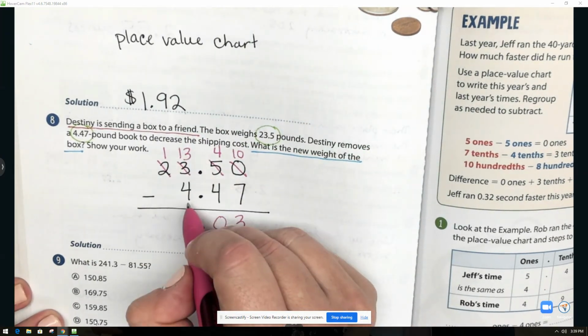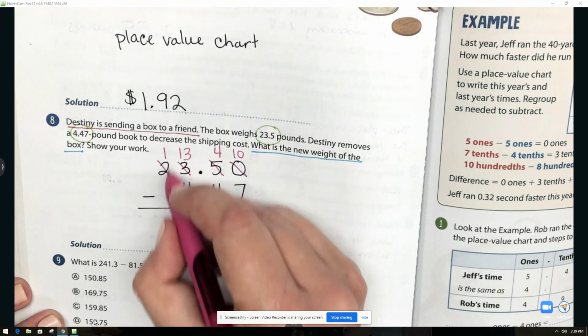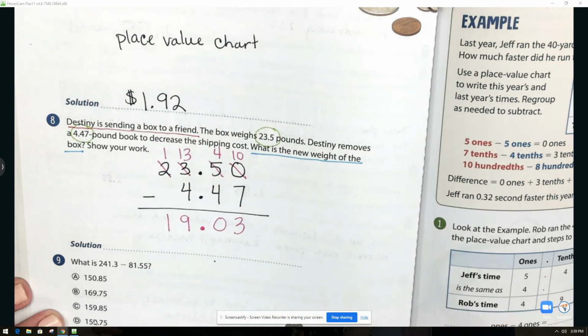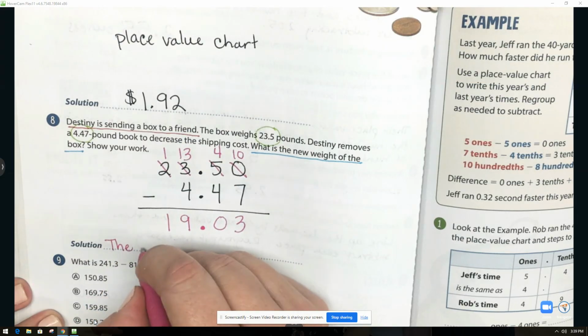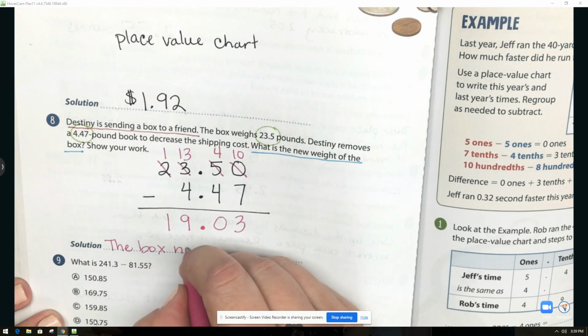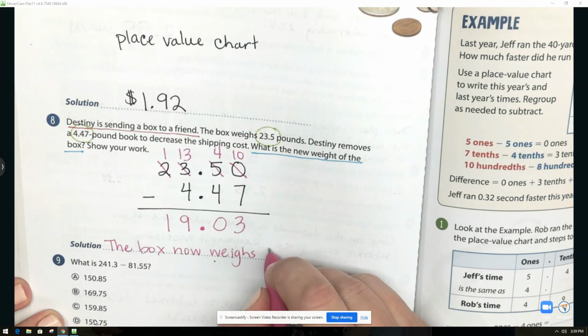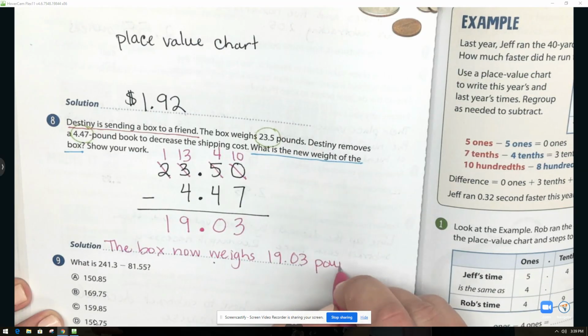And now we can subtract. 13 minus 4 is 9. 1 minus nothing is 1. So the new box, the box now weighs 19.03 pounds.